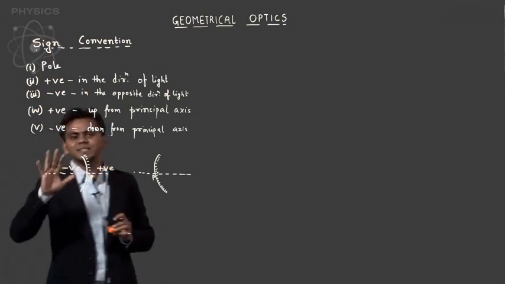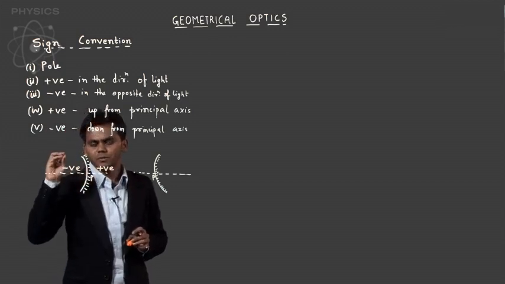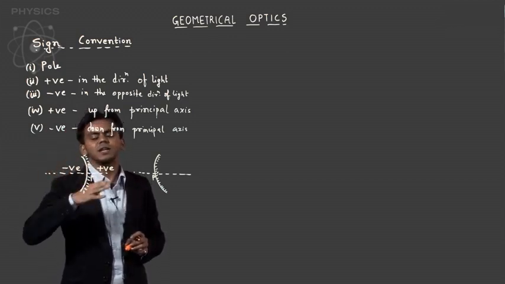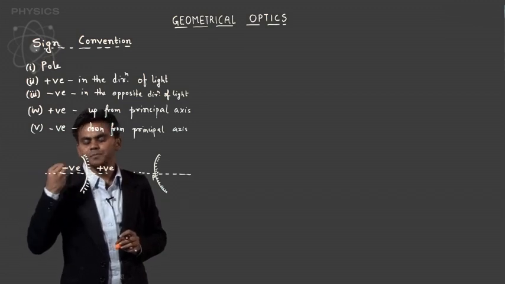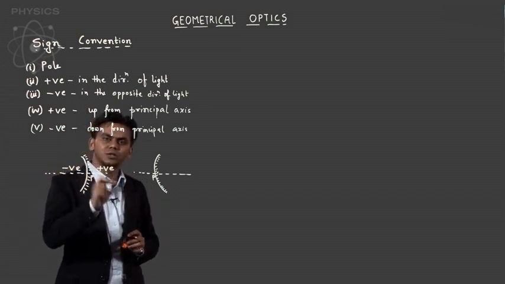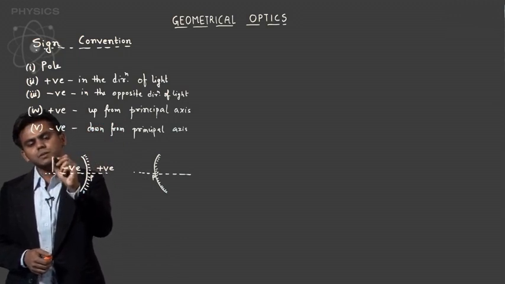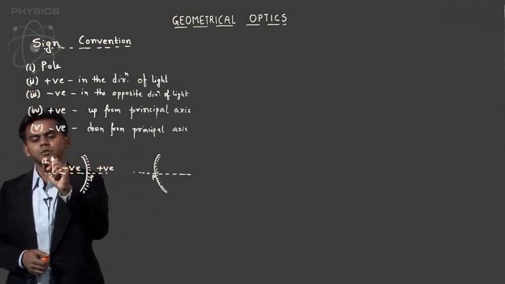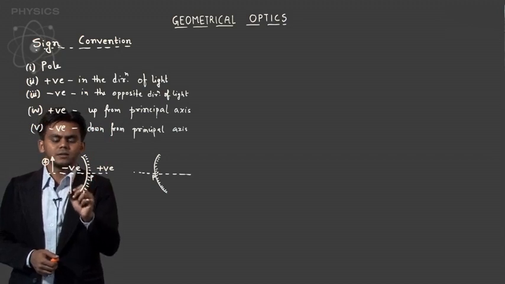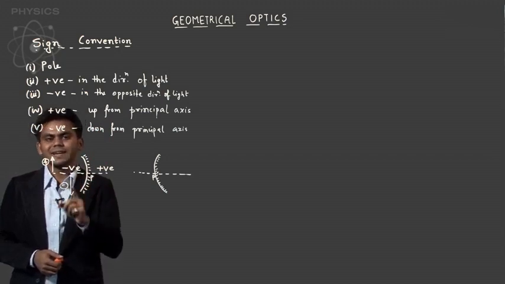So all the points which are to the left of the pole on the principal axis are negative, and to the right they are positive. Similarly, if we take any measurements up, this is positive and down is negative.